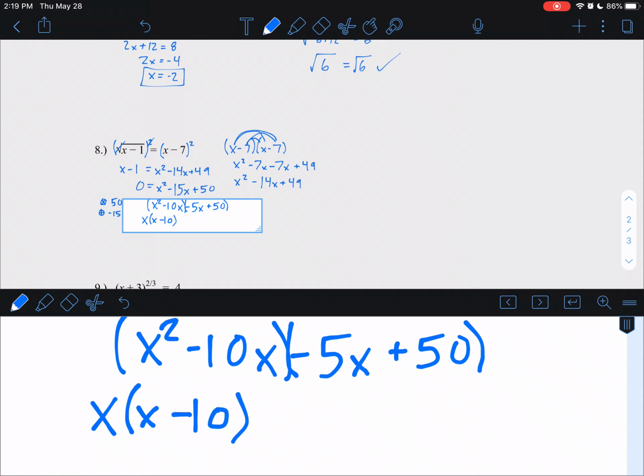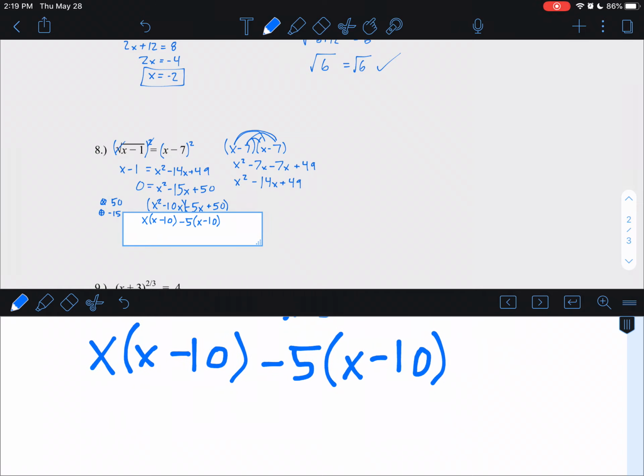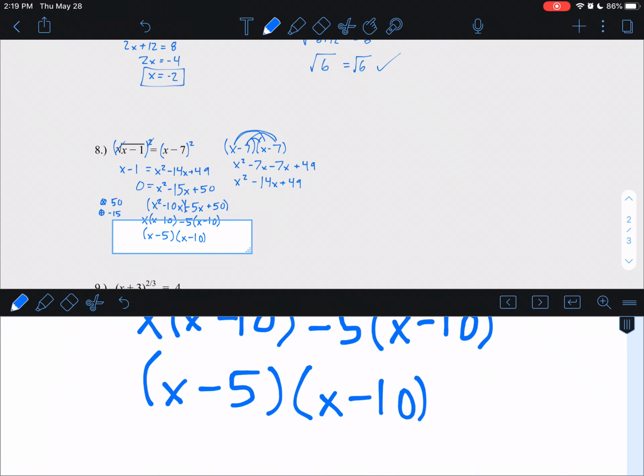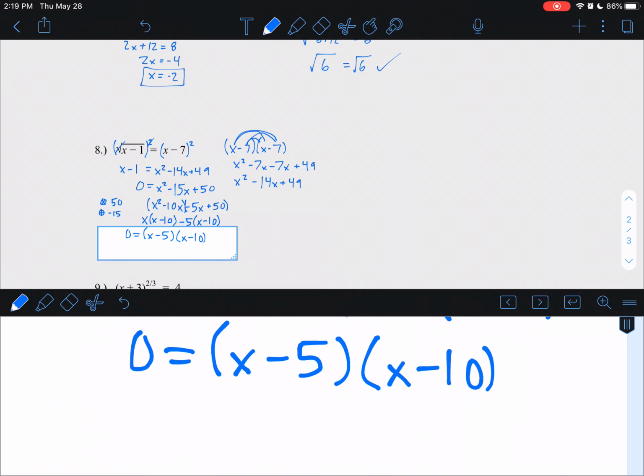Between negative 5x and 50, I can pull out a negative 5, and I'm left with x minus 10, and that gives me x minus 5 times x minus 10 equals 0.